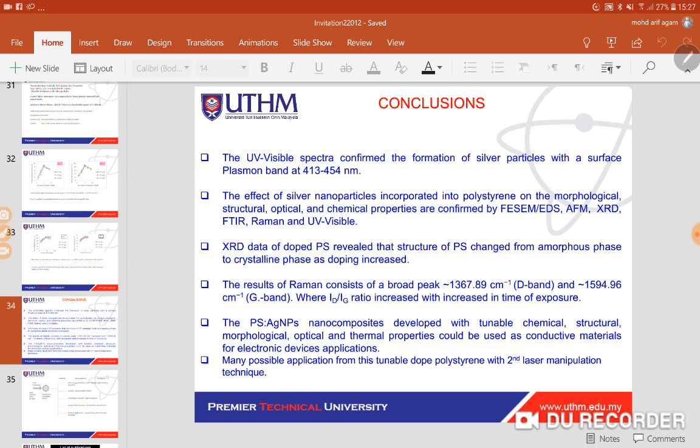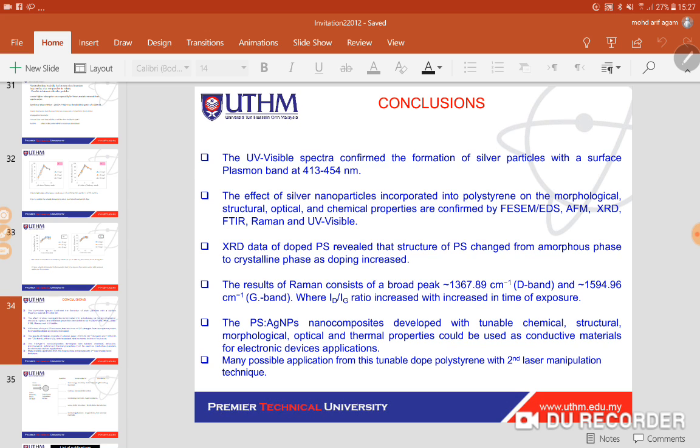And then of course, the thing that we want to highlight here is that we are able to tune the chemical and structural morphology, optical, thermal and electrical properties of these materials, especially polystyrene.